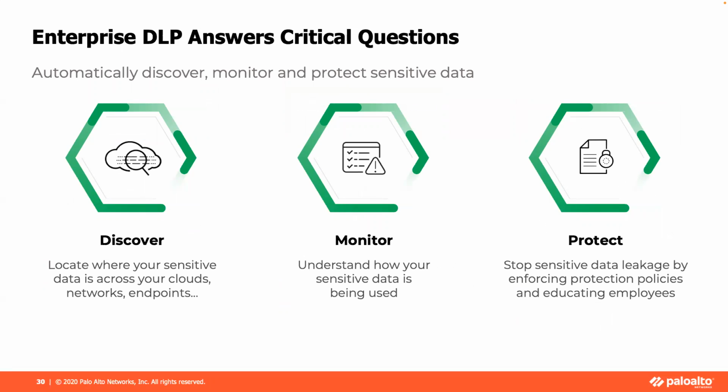So what we do with DLP is we automatically look at everything going through your network and discover what sort of sensitive data is going, whether it's going up to the cloud or staying on your internal network. Is it east-west traffic, north-south? Yeah, we look at the type of data, discover it, monitor it, understand how it's used, and protect it.